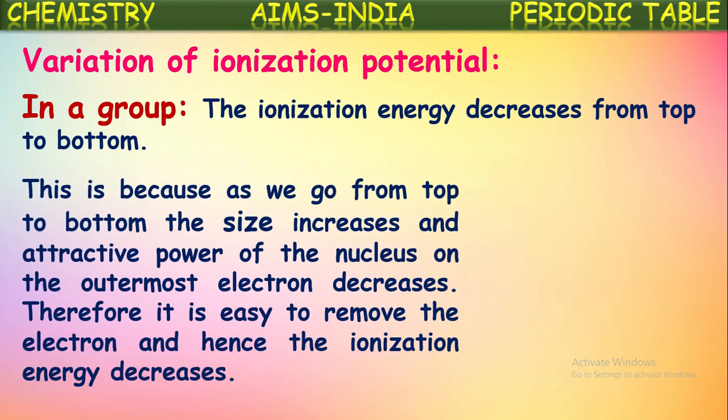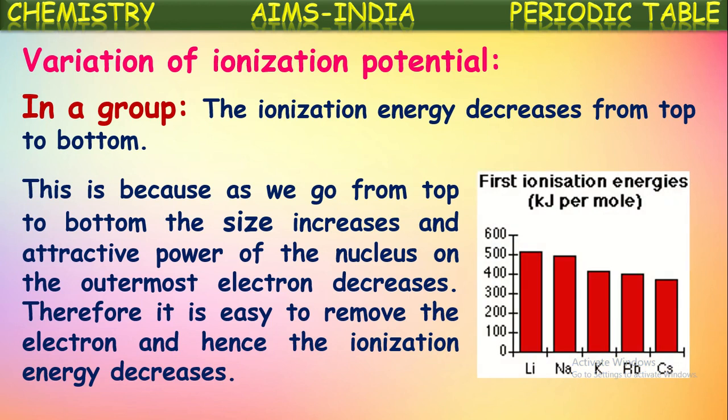As we go from top to bottom, the size of the atoms increases and the attractive power of the nucleus on the outermost electron decreases. Therefore, it is easy to remove the electron and hence ionization energy decreases. See, one example is mentioned here.